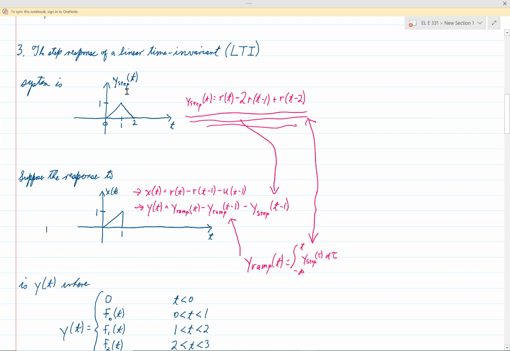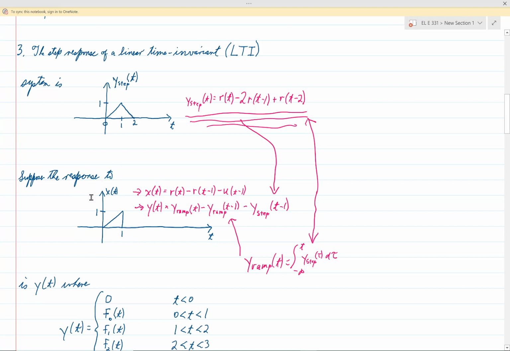So the way that I would suggest approaching this, at least based on the knowledge that you have right now, and we will soon learn another technique that you might prefer, but based on what you know right now, the way that I would go about doing this problem is the following. Again, we want to know the response to this input.